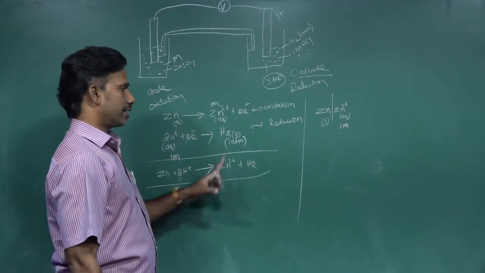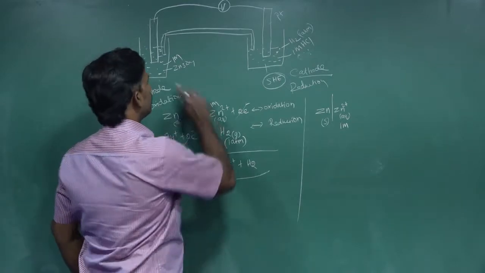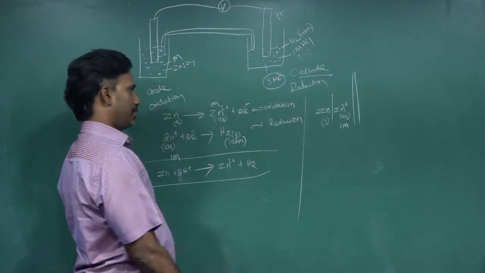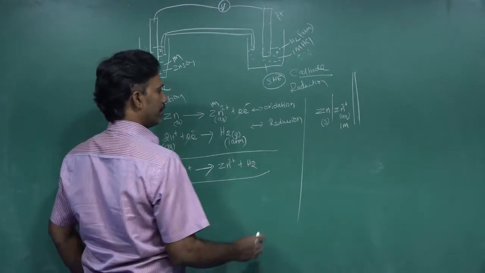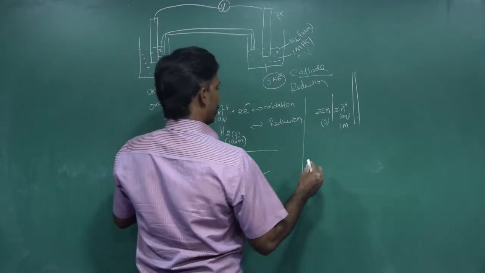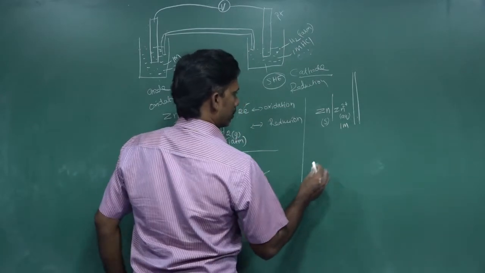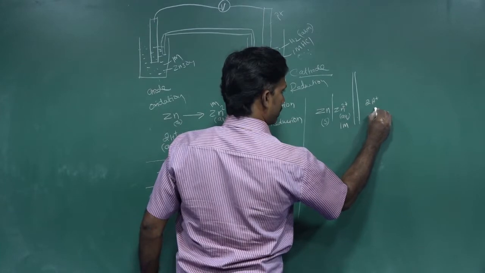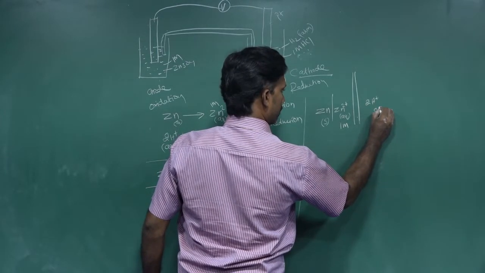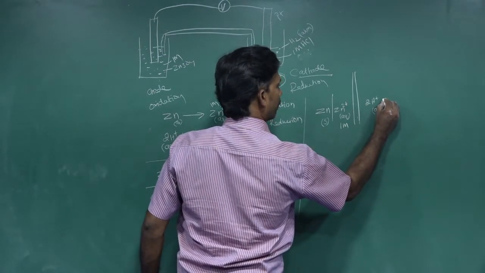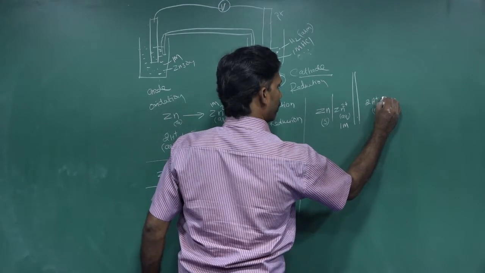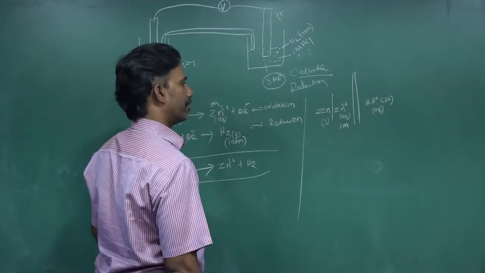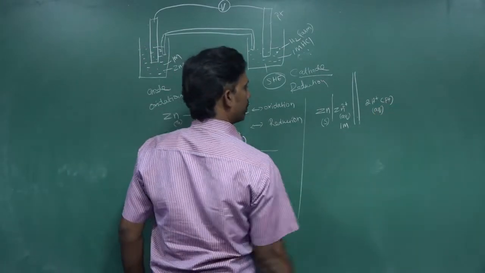The salt bridge is there, so the salt bridge is shown by a double vertical line. Then, on the cathode side, what is here? 2H+ aqueous, 1 molar concentration. Then we write platinum in brackets, because there is a platinum rod, an inert electrode.